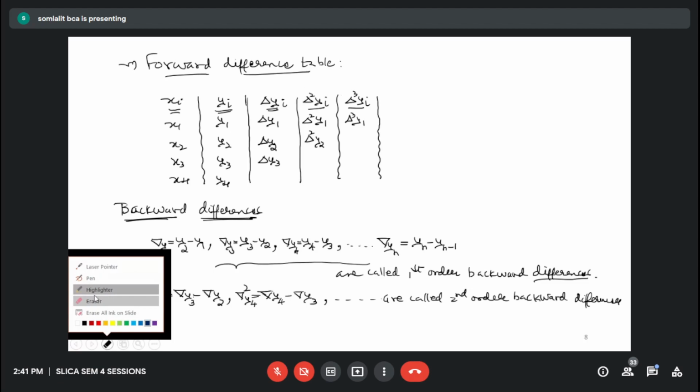So we define like this: y2 minus y1 upon x2 minus x1. Then y3 minus y2 upon x3 minus x2, and so on. You have yn minus y(n minus 1) upon xn minus x(n minus 1). In forward differences the xi's were not used, but now the xi's are involved here. Till now there was no use of the xi's.